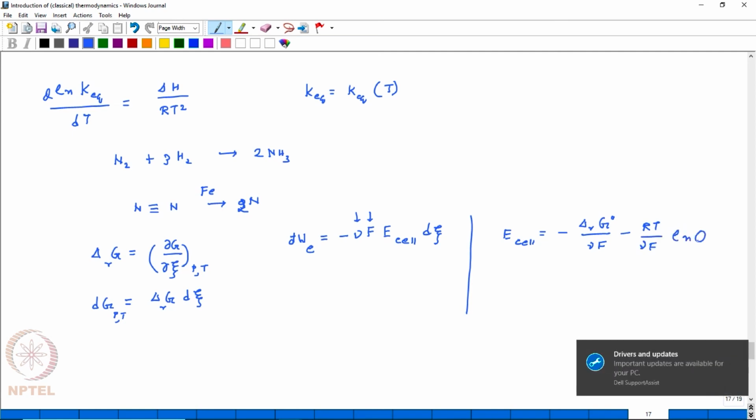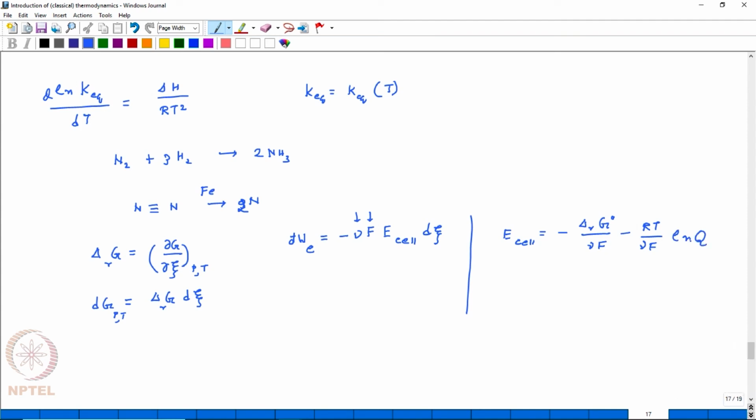Usually many textbooks write it as n, RT ln Q, and one can actually write that at equilibrium again this will be 0.